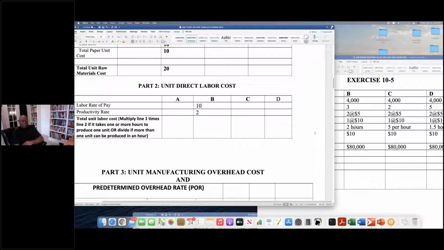Well, if you're paid $10 an hour and you work 2 hours, how much money are you supposed to get? Oh, 20. I'm tripping. Yes, you are.